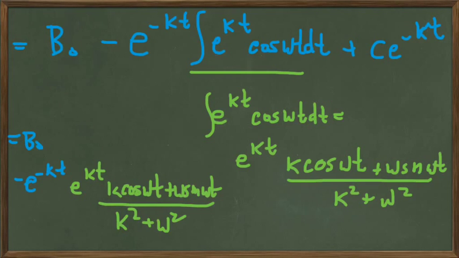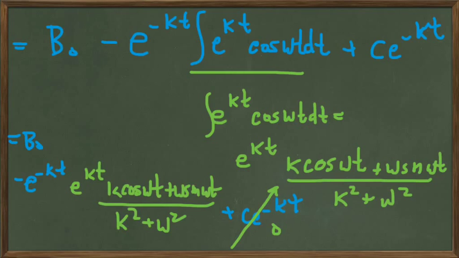And then the last term does not change, this c e to the minus kt, but we're going to assume that enough time has passed that this decaying exponential goes to 0.